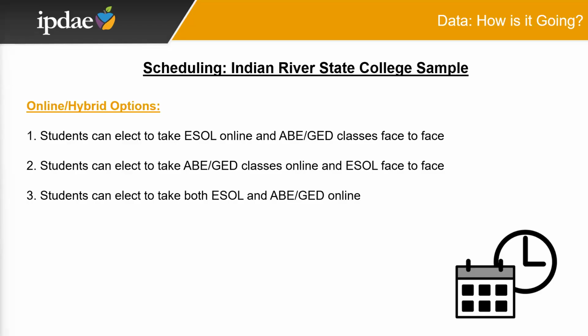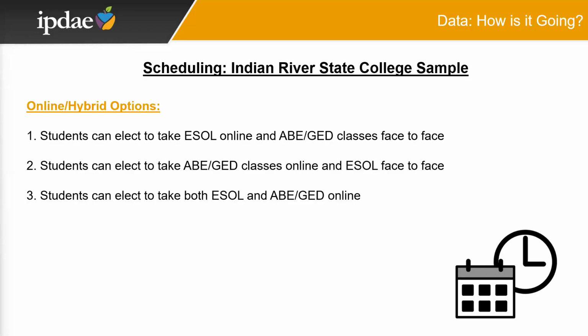Some other options that we have for our students are online or hybrid options. First, students can elect to take ESOL online and ABE GED classes face-to-face, or they can do the opposite. Students can elect to take ABE GED online and ESOL face-to-face.